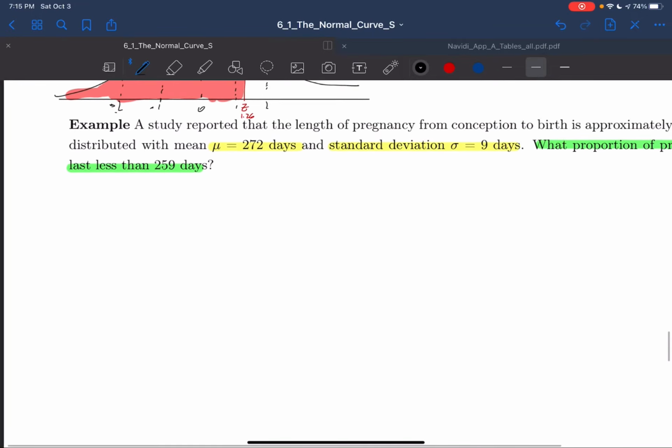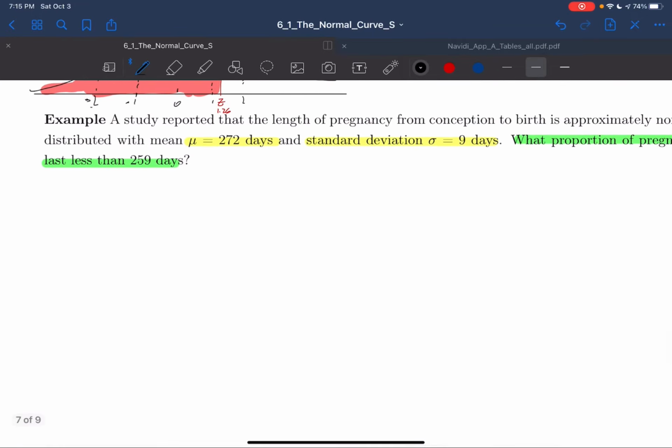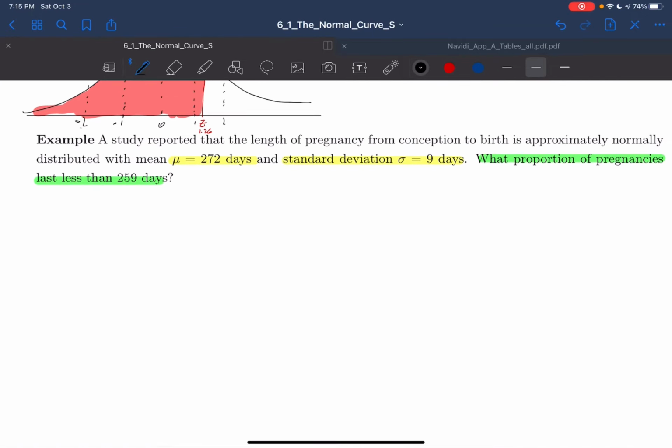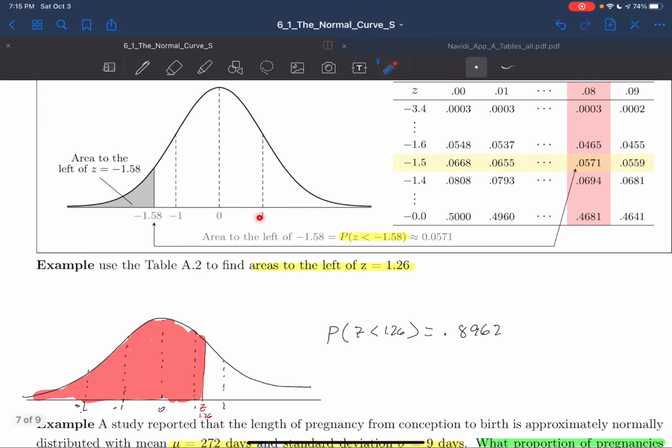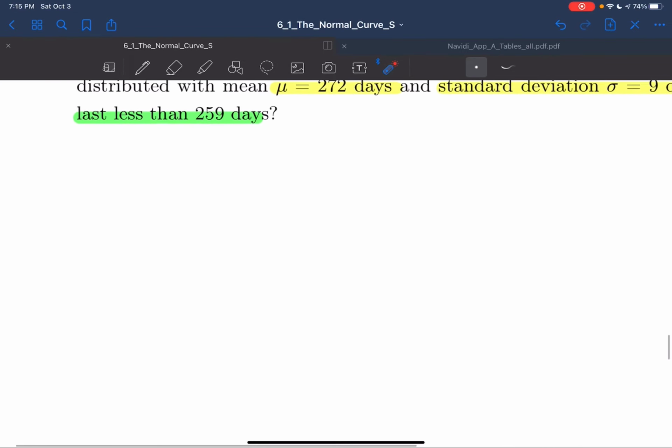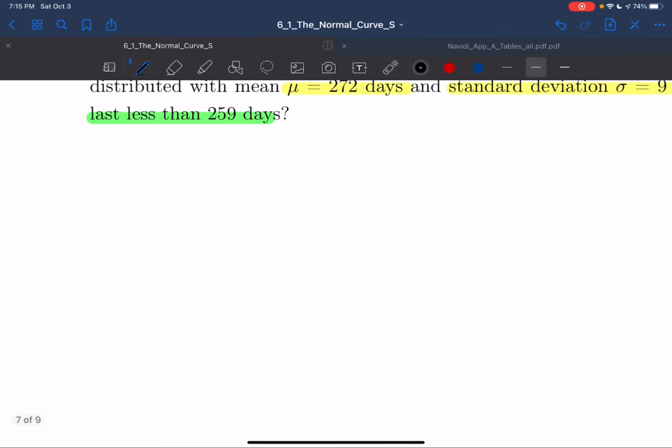Since this is coming from a normal curve, we have to do a z-score in order to map this into a standard normal curve, which has a mean of 0 and standard deviation of 1. So first we have to do our z-score. z is equal to x minus mu over sigma.